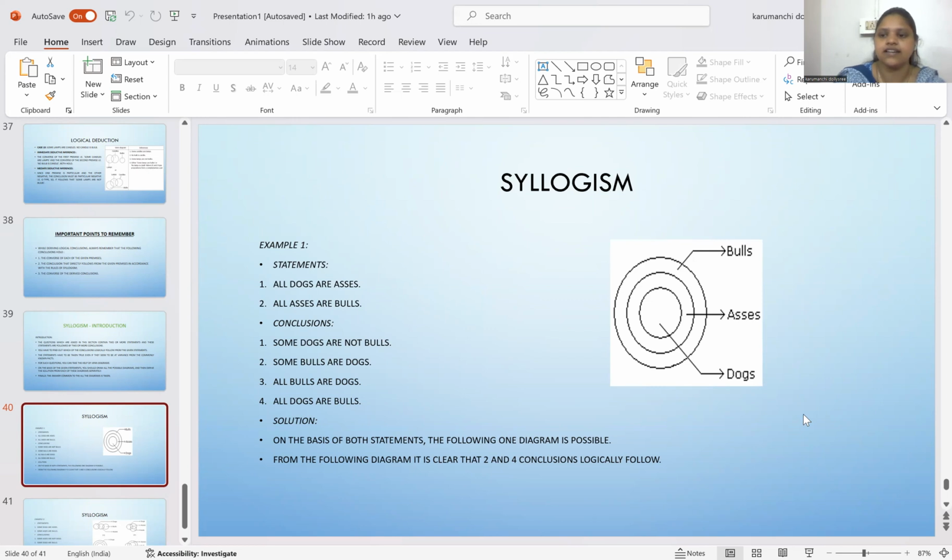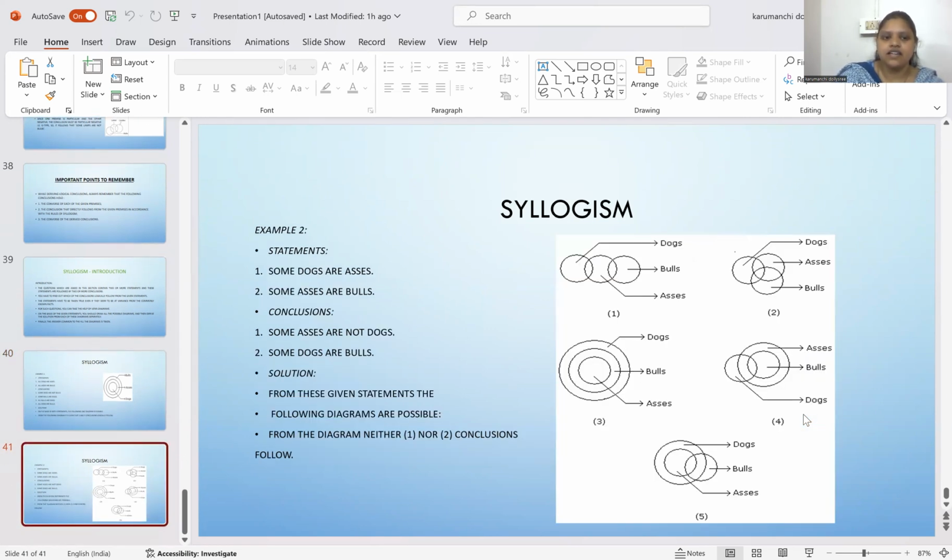And the second example is: some dogs are asses, some asses are bulls. The conclusions are: some asses are not dogs, some dogs are bulls. For these statements, these are the possible diagrams.